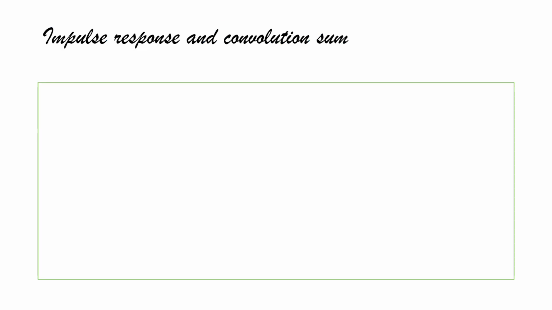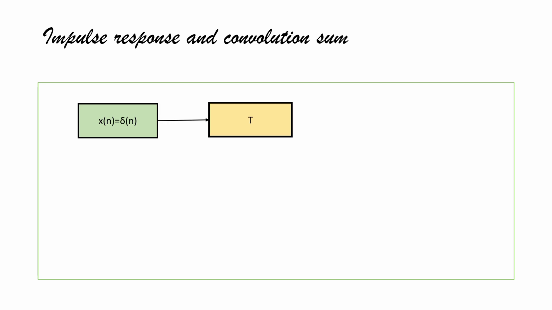Now I come to the impulse response and convolution sum. Now if x[n] is delta[n] and I feed it to a black box where the transformation is going on, and I get the output y[n], which is nothing but the transform of delta[n], and we can call it h[n]. h[n] is known as the impulse response. That means if the input is delta[n], the output is h[n], and h[n] is nothing but the transform of the input delta[n].